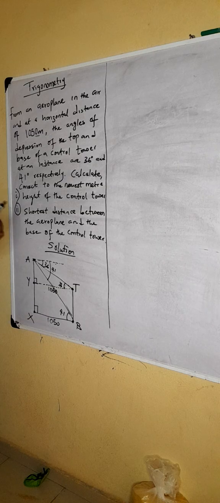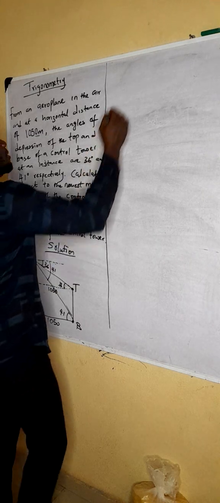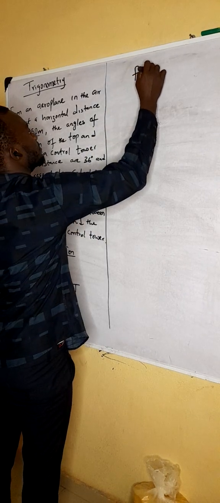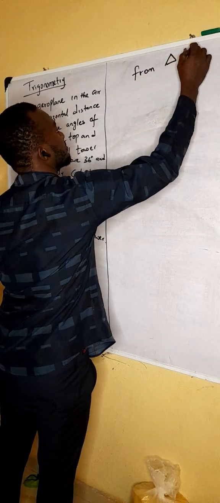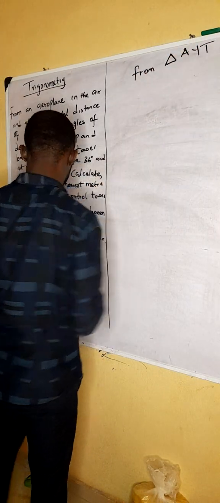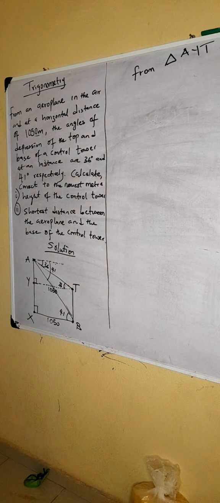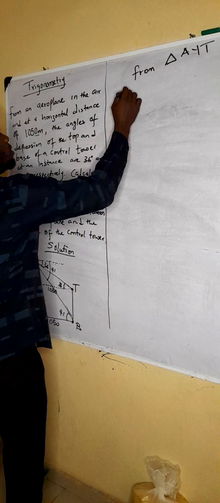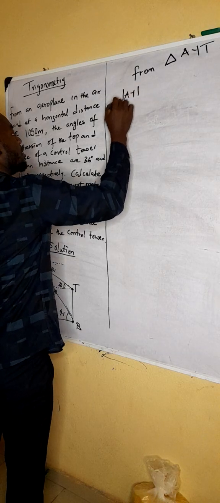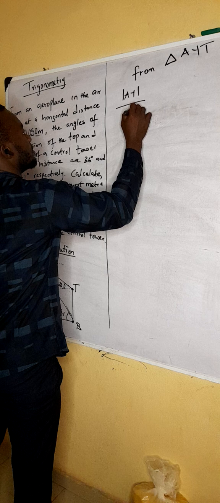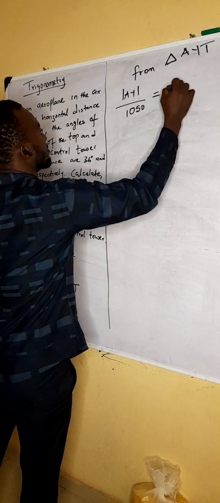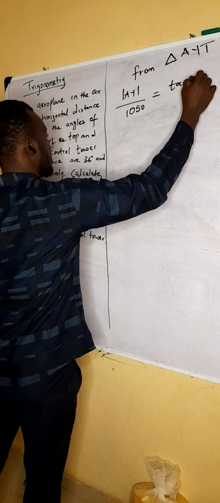So if we observe from triangle AYT, which is a right angle triangle, the side AY over 1050 is equal to the ratio tan 36 degrees.